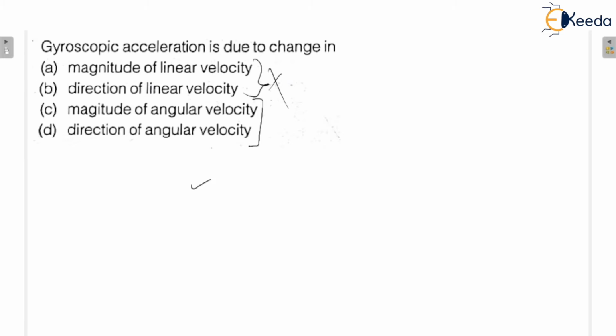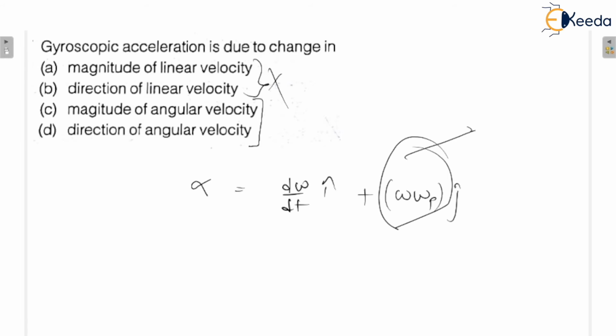See here, if I'm talking about the total gyroscopic acceleration, it is basically equal to d omega by dt, that is responsible for magnitude, plus omega omega p, which is responsible for the change in direction of angular velocity.